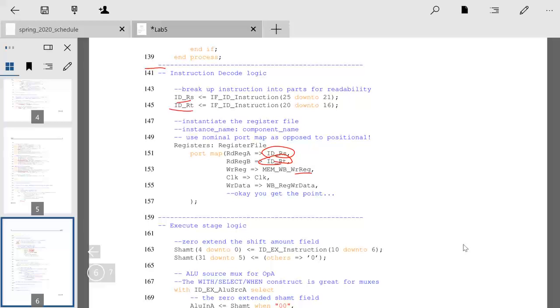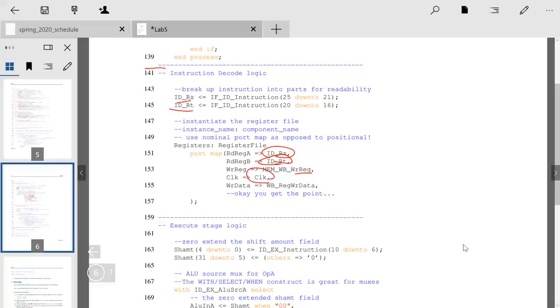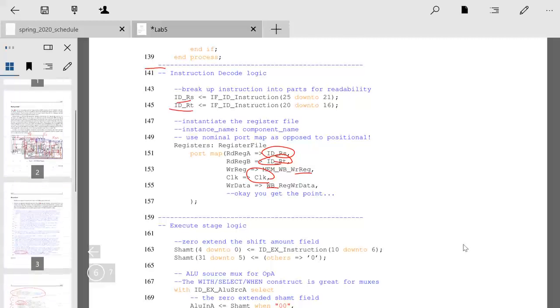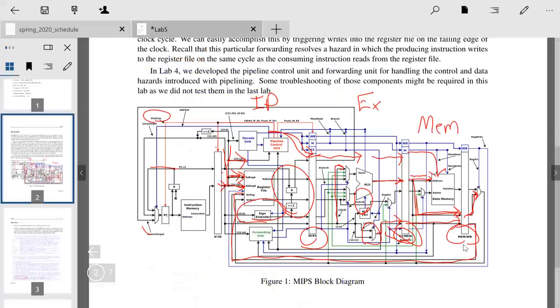Now clock, of course, is wired to everything. That goes everywhere. That one's easy. That one has no prefix or suffix. And then write data. Write data comes from a mux that's in the write back stage. So that's why the prefix only has the write back stage, because it's generated in the write back stage. Let's go look at where it's generated. It's generated right here.